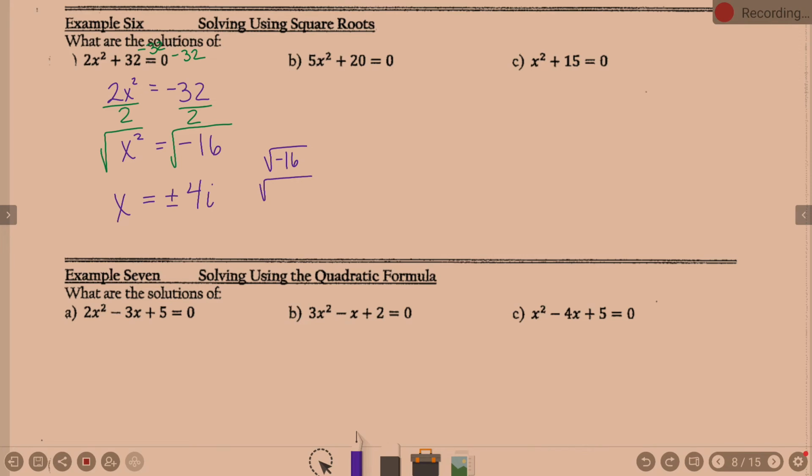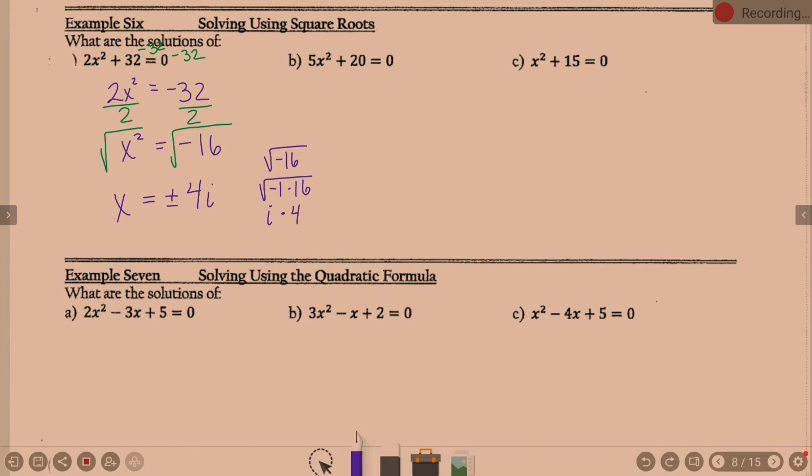Yeah. Negative 16 is negative 1 times 16, yes? And what's the square root of negative 1? That's i. What's the square root of 16? 4. So when you see the square root of negative 16, the negative says i, and the square root of 16 is still 4.